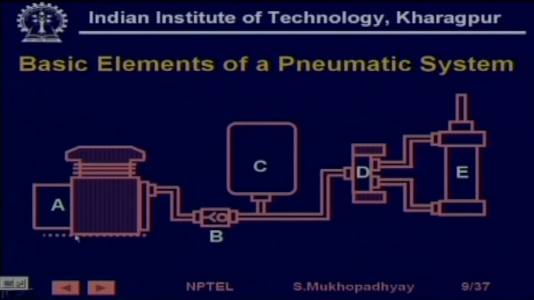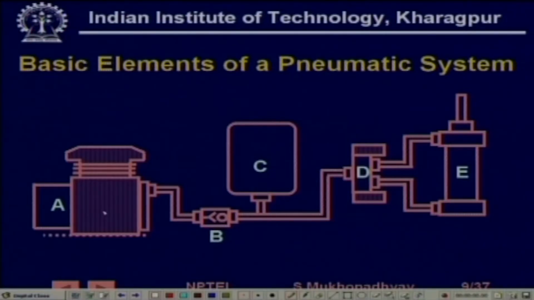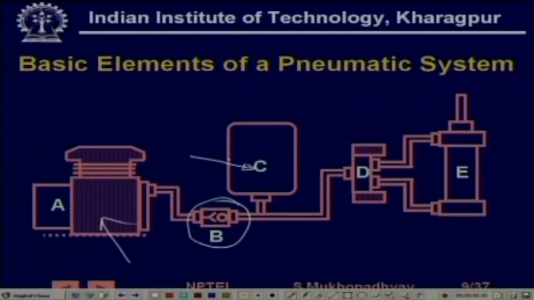So, let us look at the basic elements, the basic equipment in a pneumatic system. We start with the compressor. This is the compressor A. Then after the compressor you sometimes have a check valve B. Then you have an accumulator or reservoir of compressed air. This is very much necessary in pneumatic systems to improve response speed, as we will discuss.